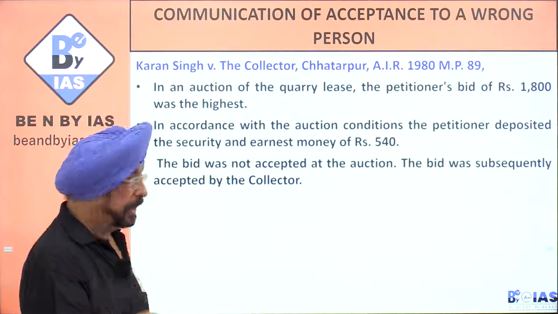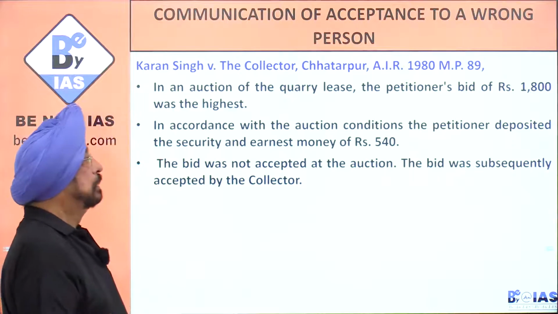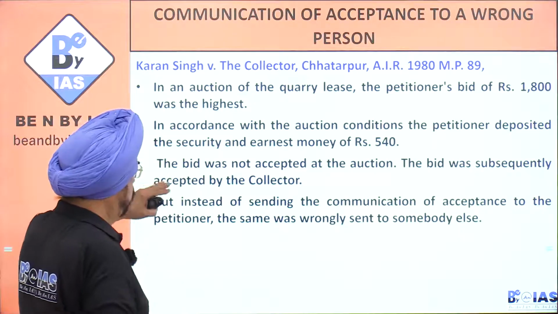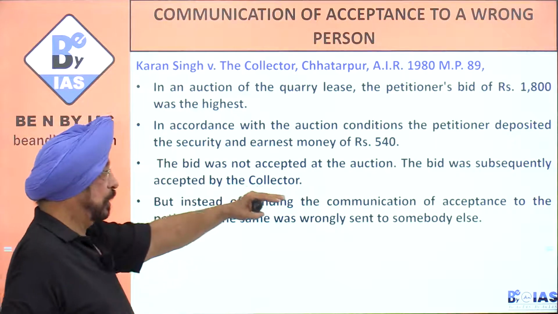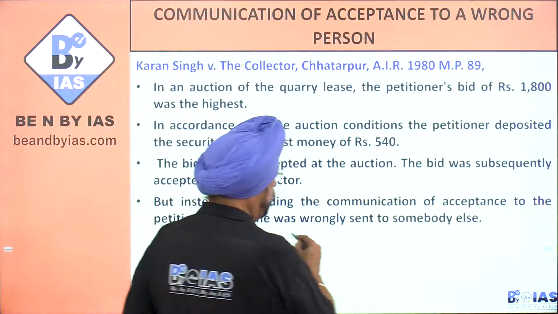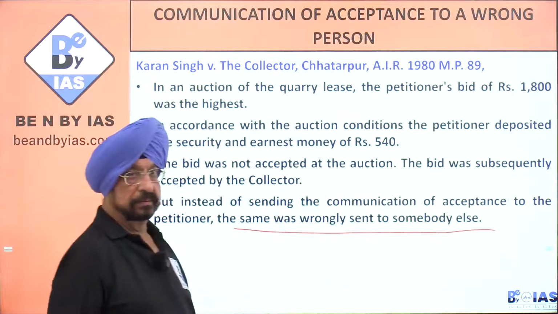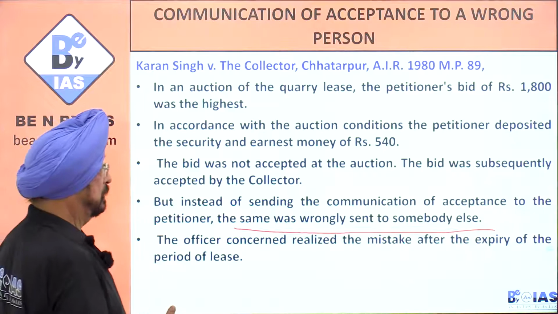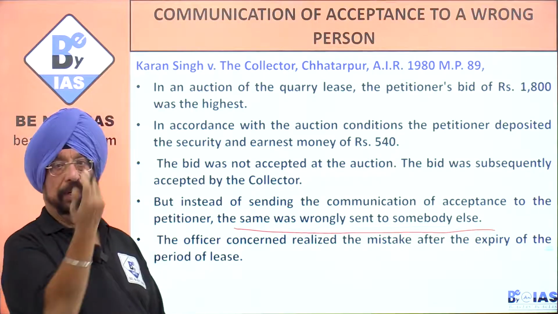Who was to accept? The higher authority, maybe the collector. But instead of sending the communication of acceptance to the petitioner, it was wrongly sent to somebody else. The officer concerned realized the mistake after the expiry of the period of lease.